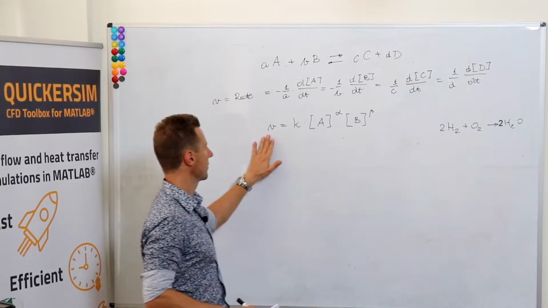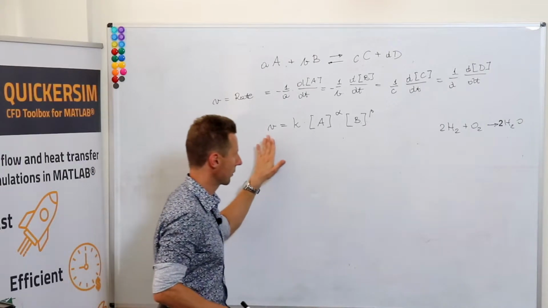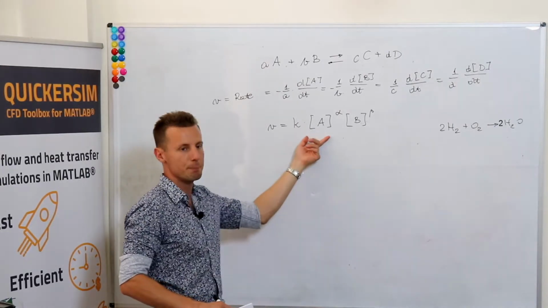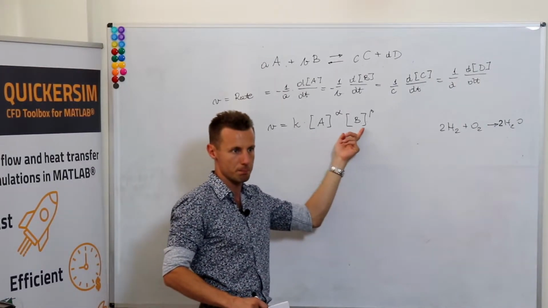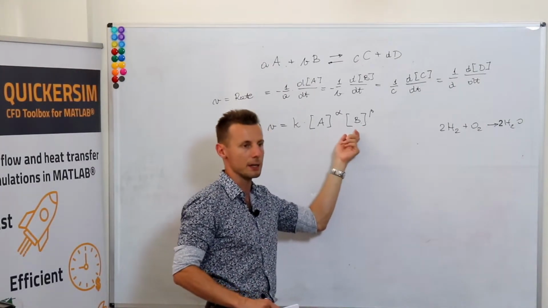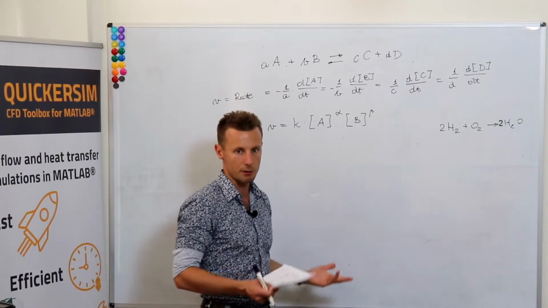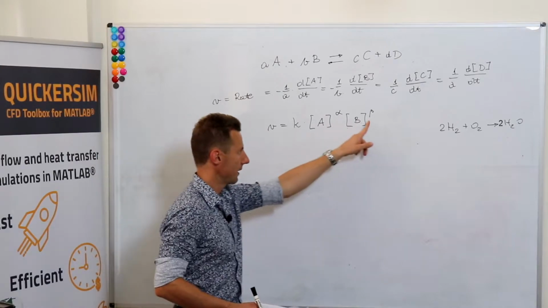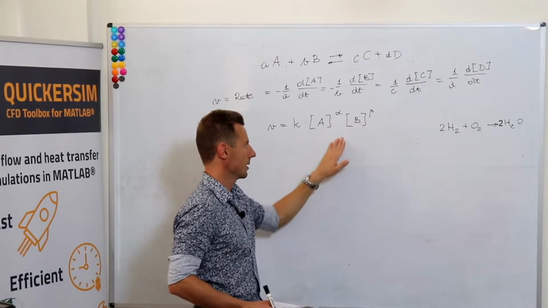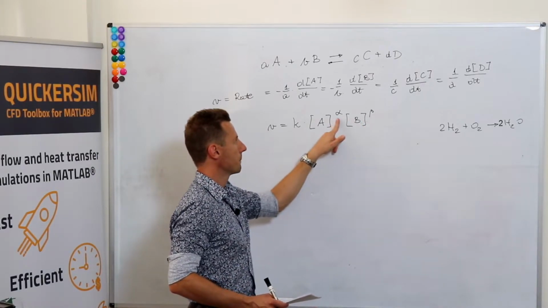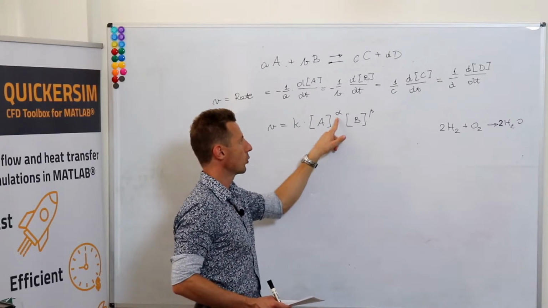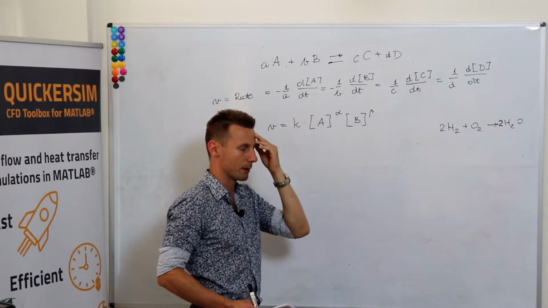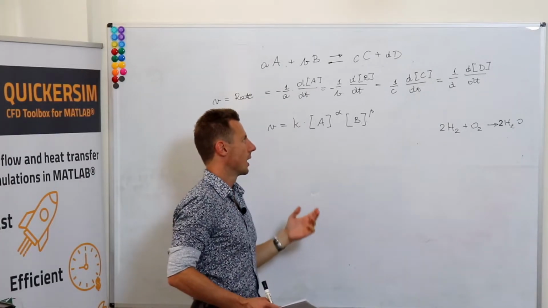So basically, the rate of chemical reaction is proportional to the availability of A and B and the probability of their collisions. Alpha and beta coefficients, depending on what the numbers here are, this defines the chemical reaction order.